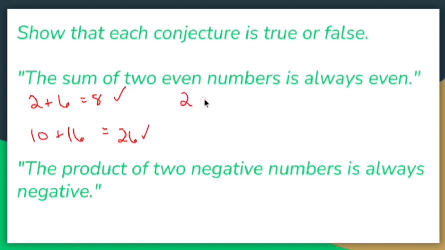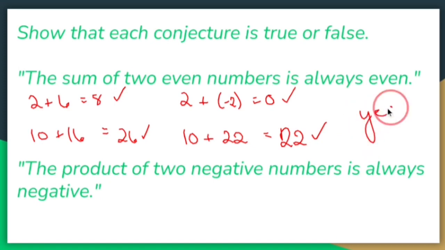How about 2 plus negative 2 is 0, which is technically even, check. So it looks like no matter what two even numbers I add, it's going to be even no matter what. So is this a true statement? Yes, it is. That's a cat.